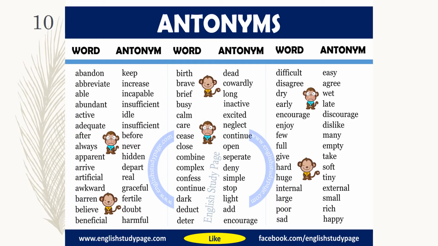So children, go through your book, page number 175, negatives and antonyms. And be careful with pairs of words which may look alike but which have different meanings. For example, disinterested and uninterested.